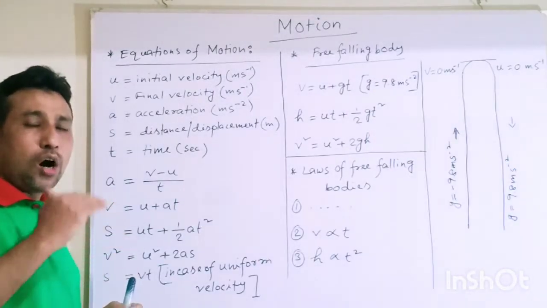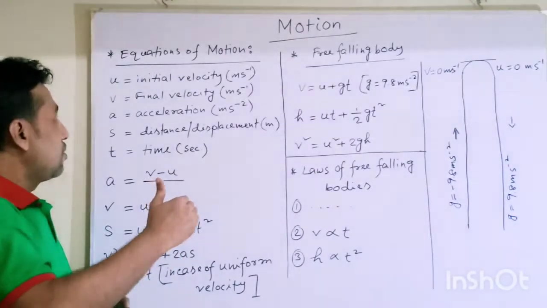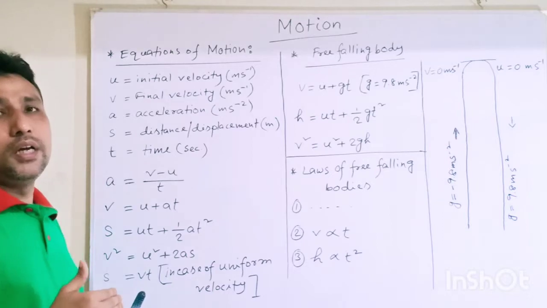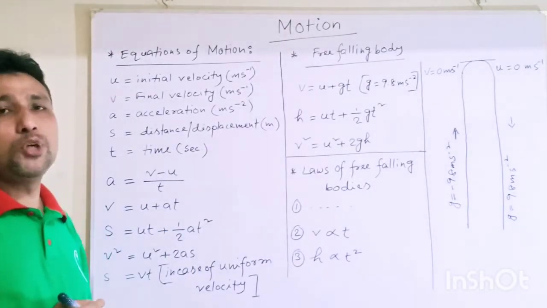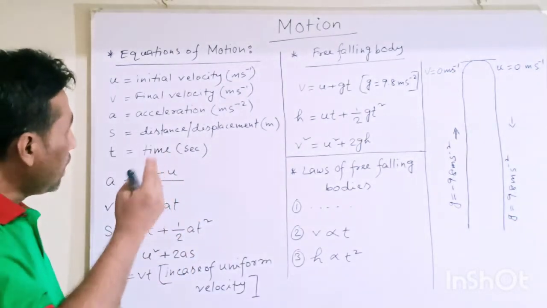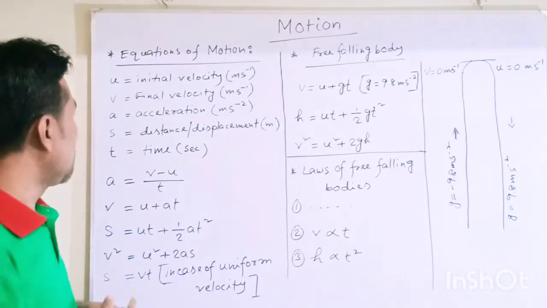But when an object decreases its velocity, it decelerates, that is deceleration. So acceleration can be of two types, positive or negative. Negative acceleration means retardation or deceleration.